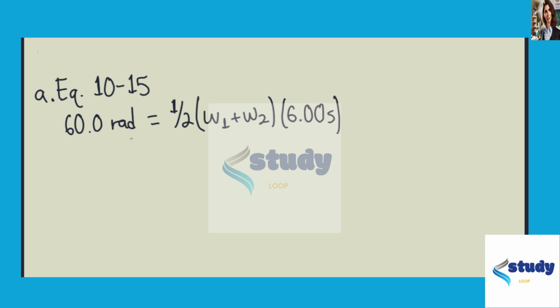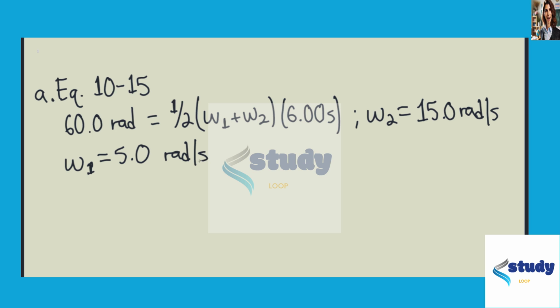So essentially, the angular displacement is going to be equal to the average angular velocity multiplied by the time. Knowing that omega sub 2 equals 15.0 radians per second, we can find omega sub 1 is equaling 5.0 radians per second. This would be our answer for part A.